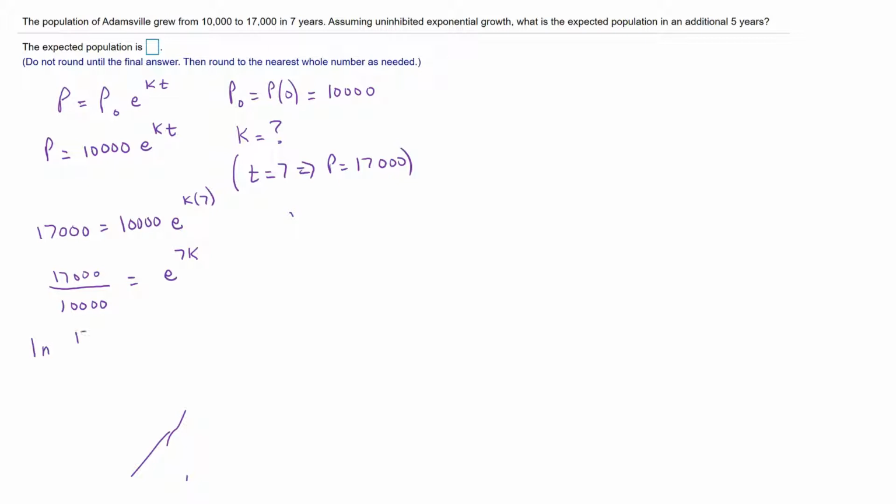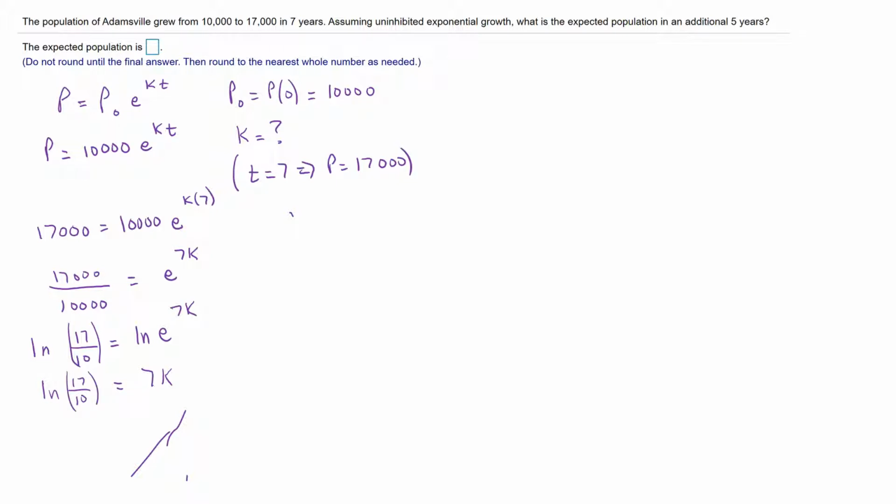I'm going to reduce the 17,000 over 10,000, and we natural log the right side. The natural log function and the exponential function with base e are inverse functions, so when we compose them, they cancel out, and we're just left with 7k. That's why we natural log both sides, to get rid of the e.